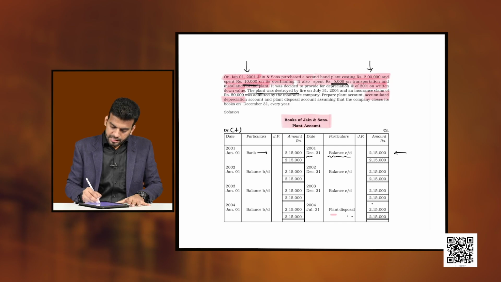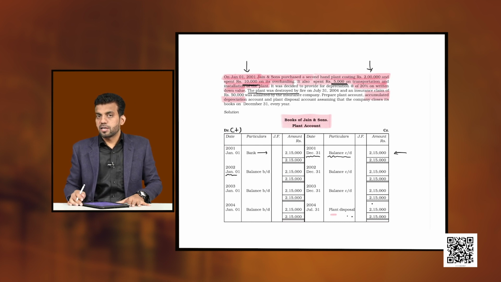Okay, now whatever the balance in the machine is going to be constant until the machine is sold. I repeat, the balance of machine is going to remain constant until the machine is sold. So, as you see, the year is starting from 1st January, so the financial year comes to an end on 31st December.